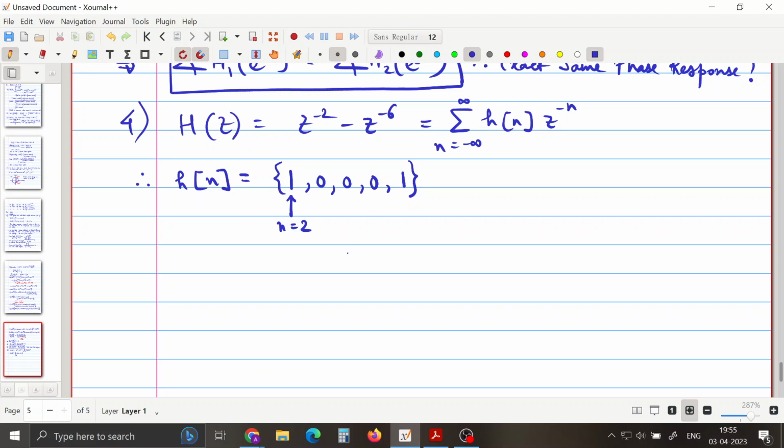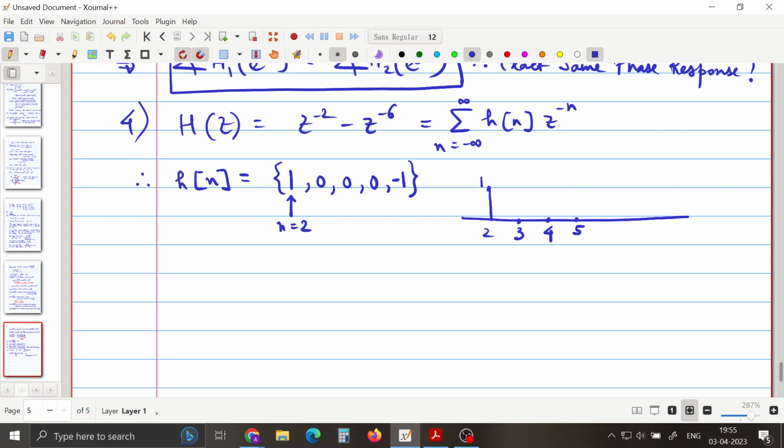So now if you just plot it, this is n equals 2, and at n equals 3 it is 0. Okay, I'm extremely sorry, this is minus 1, right?